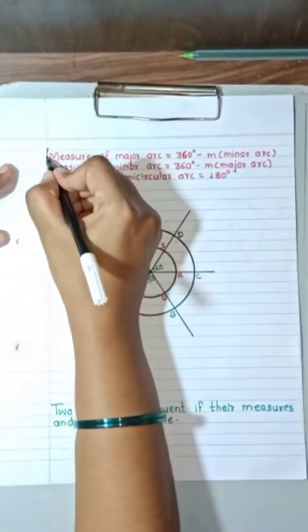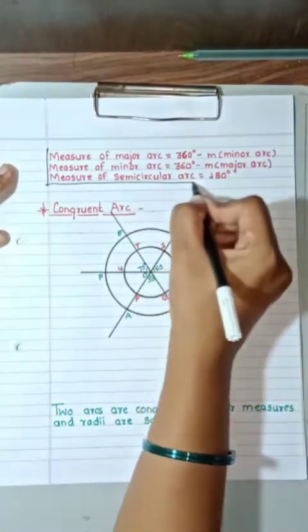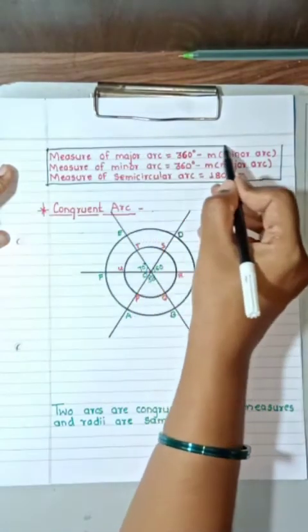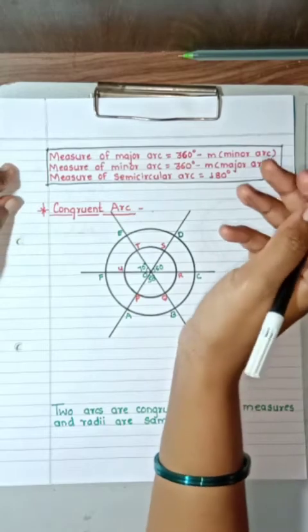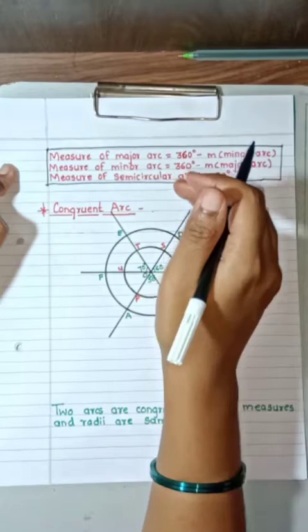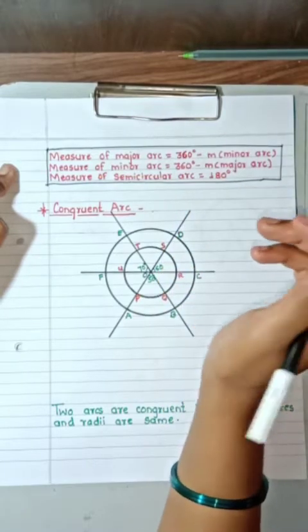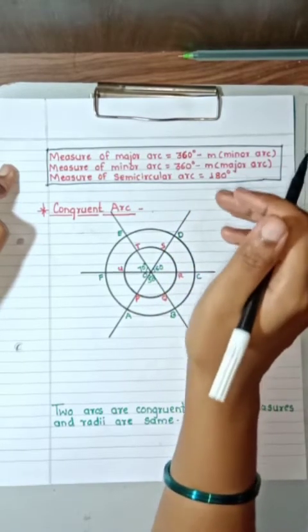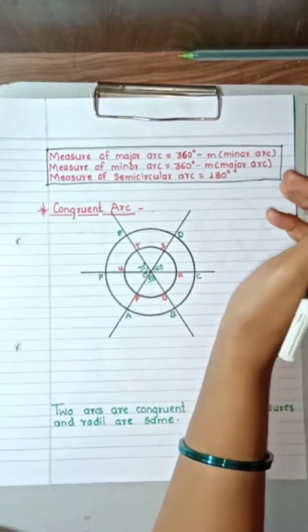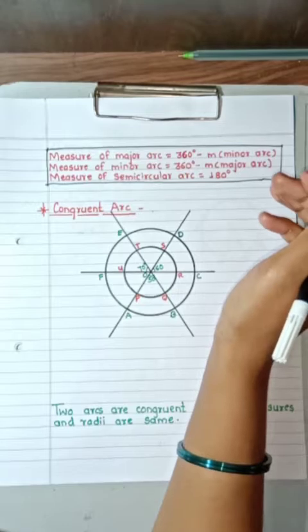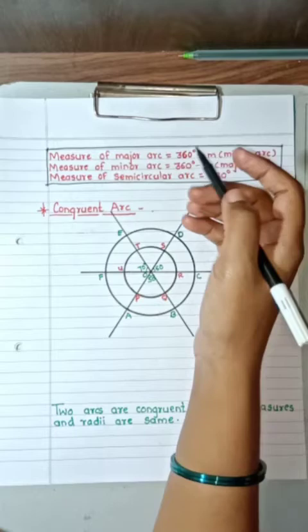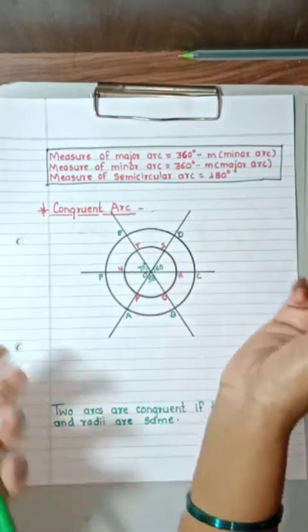So you have to keep this formula in mind. Now let us move on towards congruent arc.